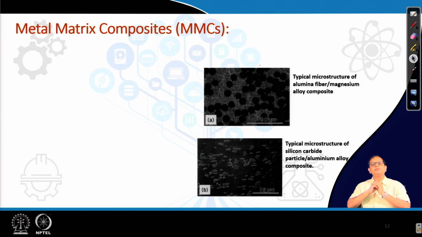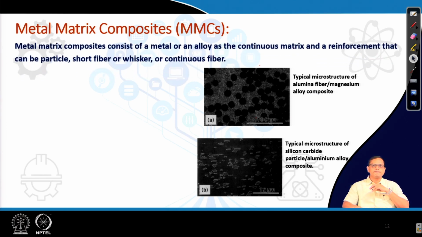Now, how do you improve the strength of these metal materials? Just by reinforcing the matrix with high strength particles or fibers. So, basically the definition says that metal matrix composites consist of a metal or an alloy as the continuous matrix, and the reinforcement can be particle, short fiber or whisker.